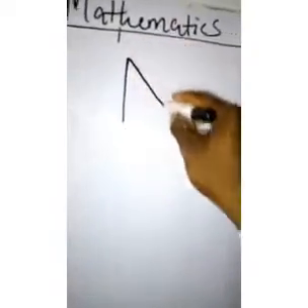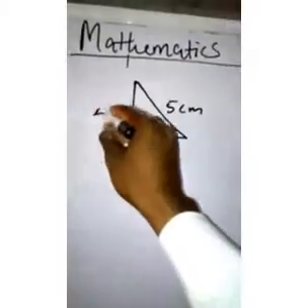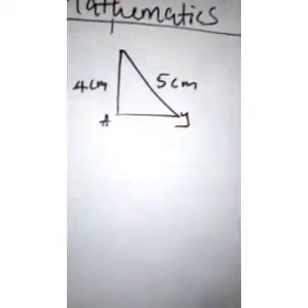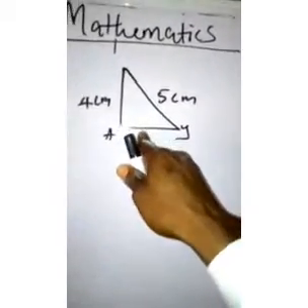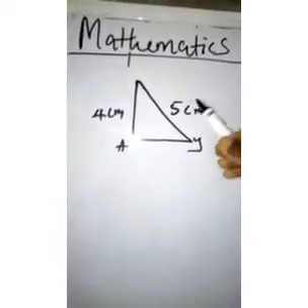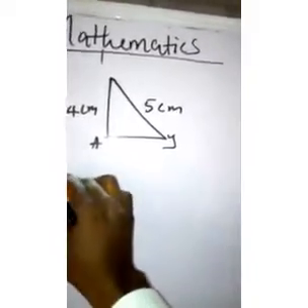The triangle I slashed out is this: 5 cm, 4 cm, and AY. Now for us to get this place, if you are very good with trigonometry, you discover that 2 places are given, remaining 1 place. We are going to use Pythagoras theorem.